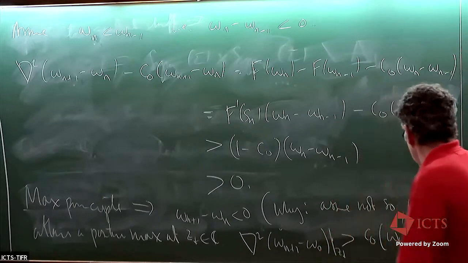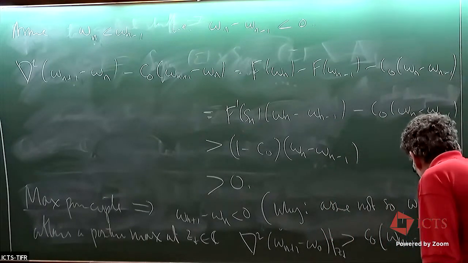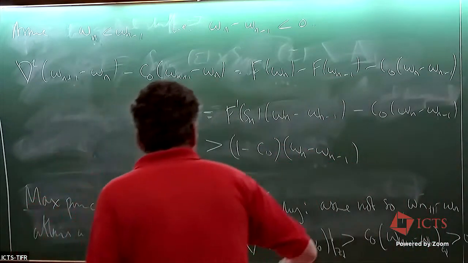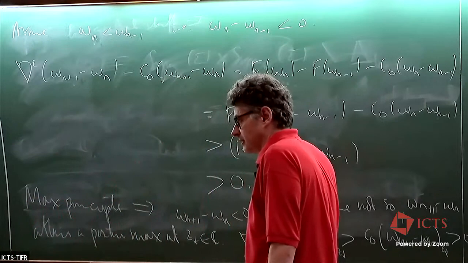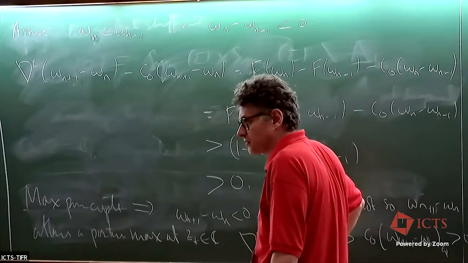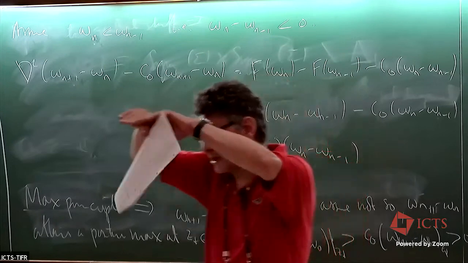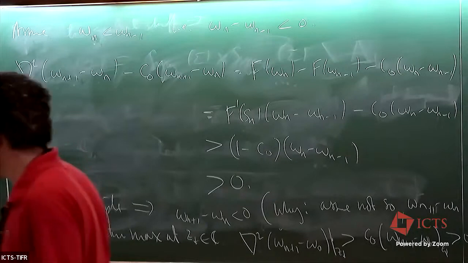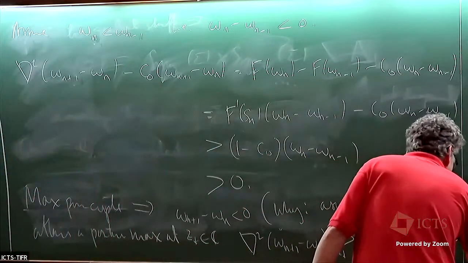And remember, we're assuming that this is a positive maximum, so this is bigger than 0, okay? So if this weren't true, there'd be a point at which we have a positive maximum, and yet the Laplacian at that point is positive. You think of this as being the trace of the Hessian of this function. At a maximum, the Hessian can only have negative eigenvalues, right? And therefore its trace must be negative, so that's a contradiction.